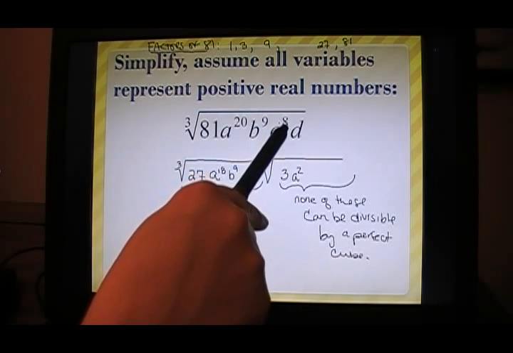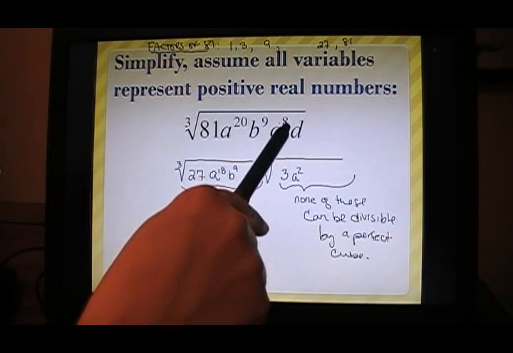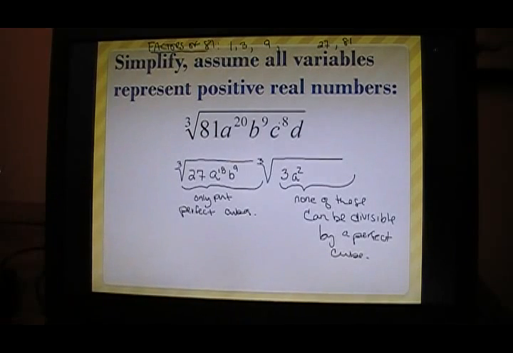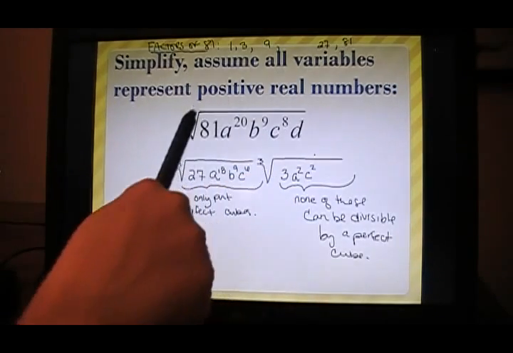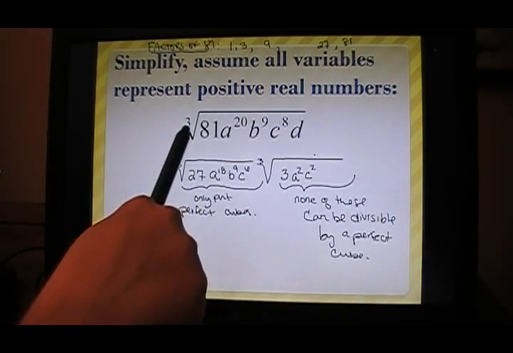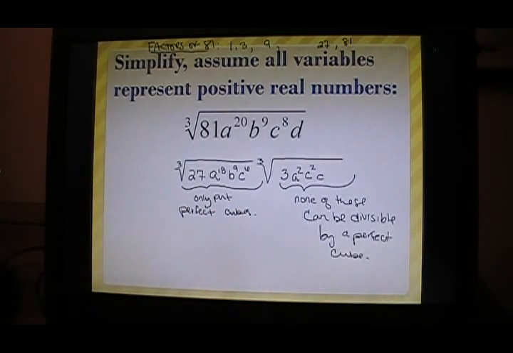So c to the 8th is not a perfect cube. The largest perfect cube factor of c to the 8th is c to the 6th. So this is going to be c to the 6th, and we would multiply that by c squared. And d to the 1st, this power is already less than 3, so I know that this is not divisible by a perfect cube. So I will just put my d here.